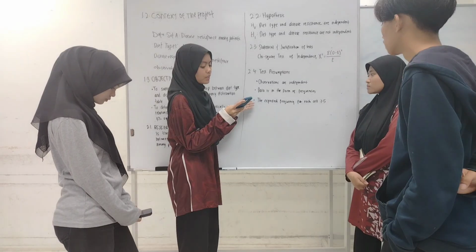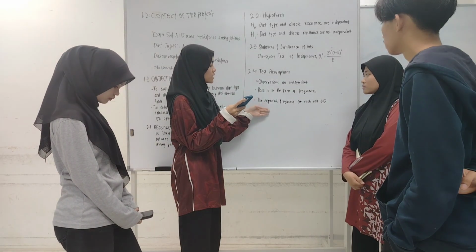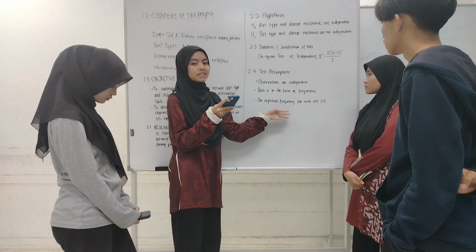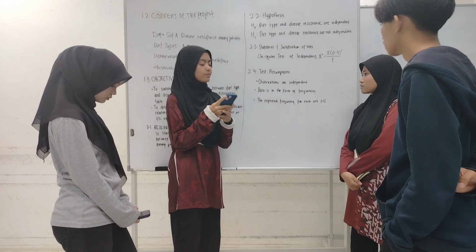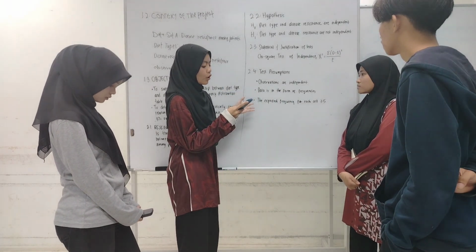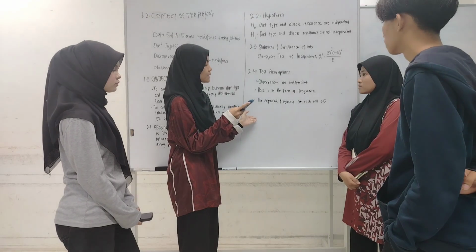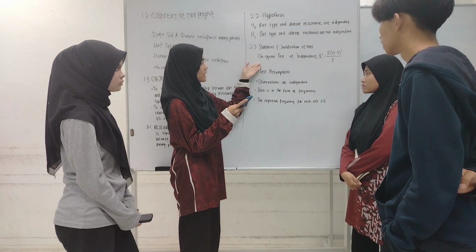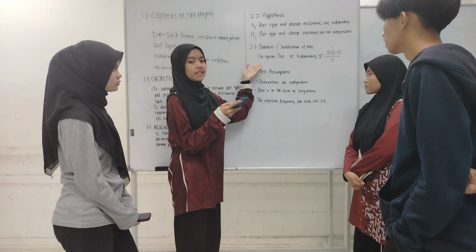And lastly, the expected frequency for each cell in the contingency table must be at least 5. In this study, all expected frequencies meet this requirement. So the chi-square test of independence is appropriate to be used.